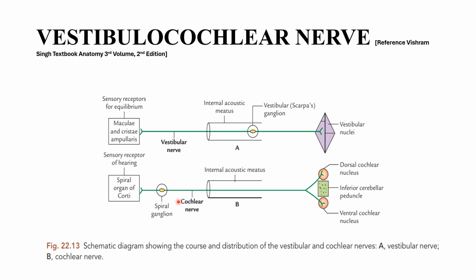Now, this is a kind of sensory nerve. The eighth cranial nerve is a purely sensory nerve. It takes the sensations regarding hearing and equilibrium from the labyrinth of the inner ear, and supplies them to some nuclei in the brain. So let's see what happens.